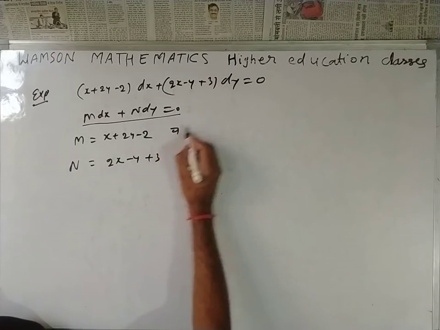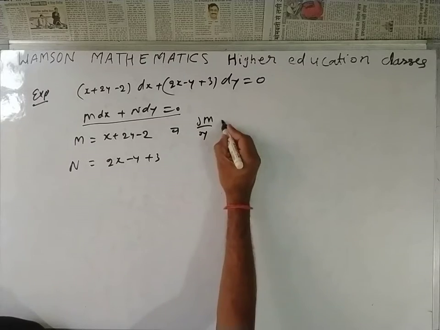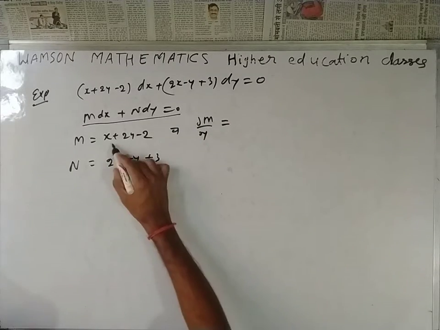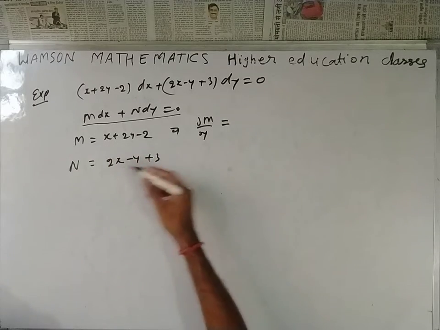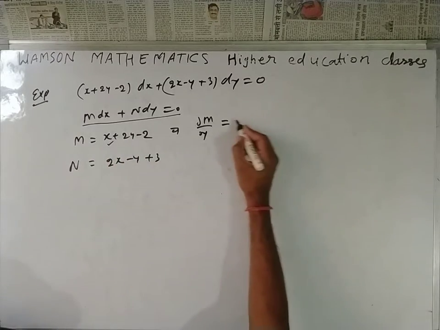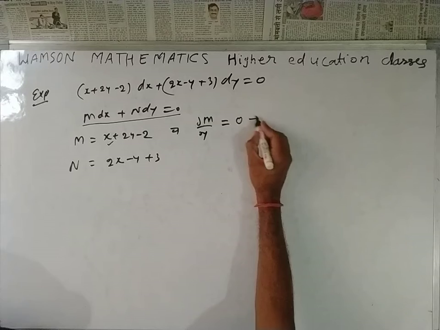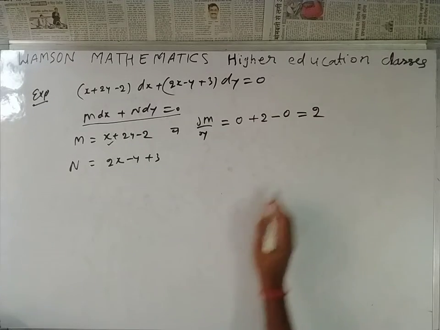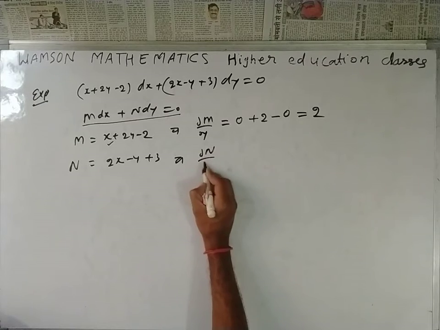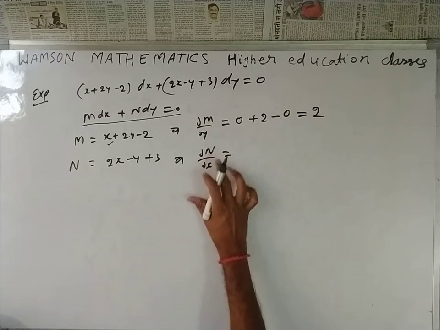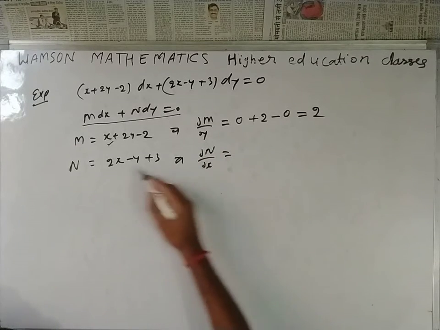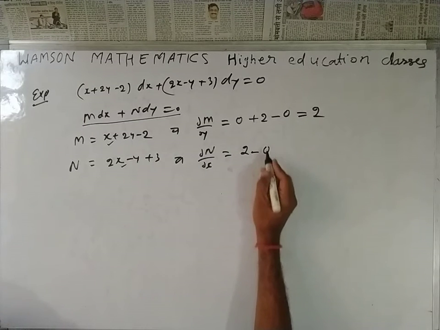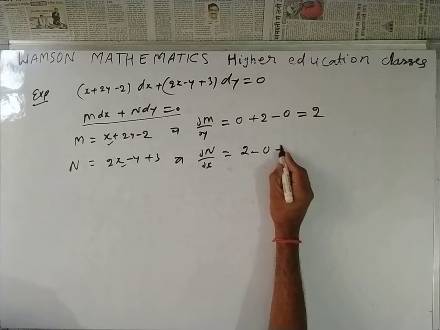Now according to the condition, we find the partial derivative of M with respect to y, treating x as constant. The derivative of x is 0, the derivative of 2y is 2, and the constant is also 0, so the total is 2. Also the partial derivative of N with respect to x: the derivative of 2x is 2, y is treated as a constant so 0, and 3 is also a constant so 0.